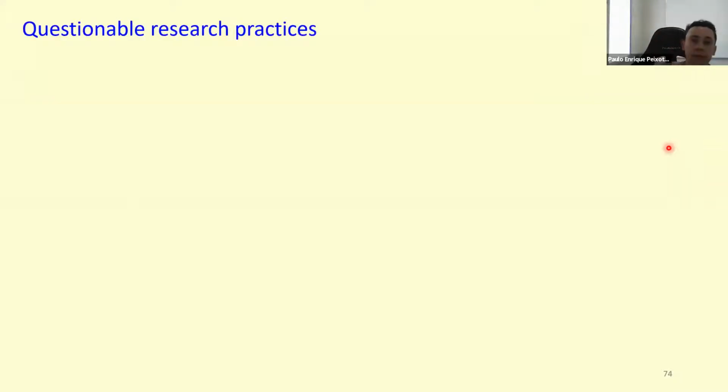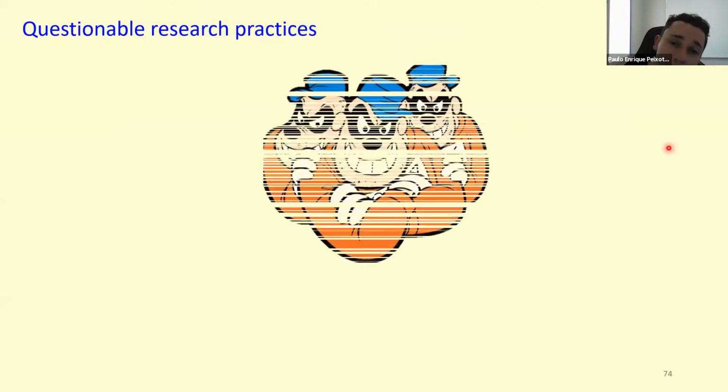Okay. And based on what I just showed you, this was a kind of what is called questionable research practices. Okay. There are more than three, but I will show you what I think are the three most discussed in our field, which I named the big old boys.